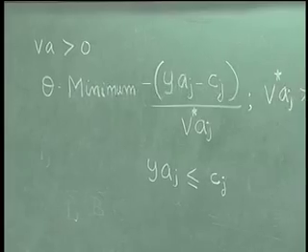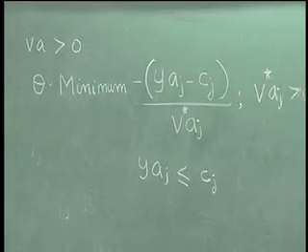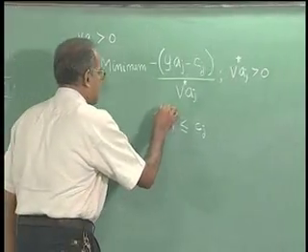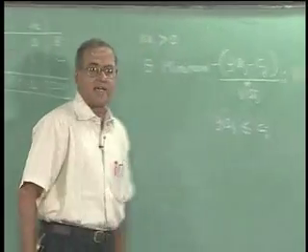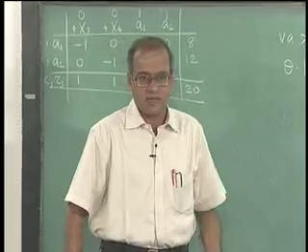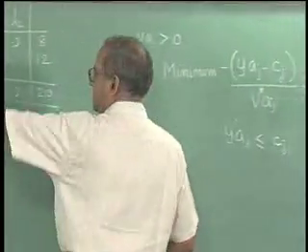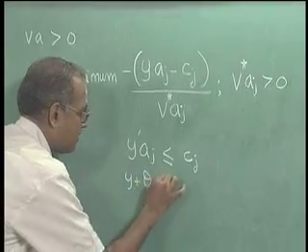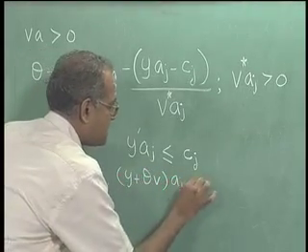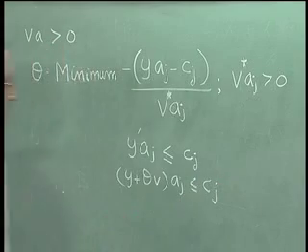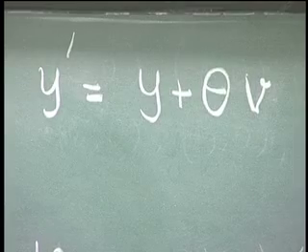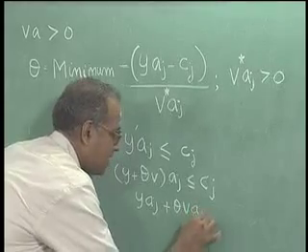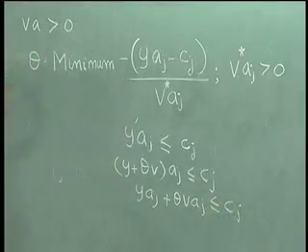Now, what we have written is we want y star is equal to y plus theta v. So, if there is a dual feasible solution y star or y dash, then y dash A_j should be less than or equal to c_j. Now, y dash is written as y plus theta v. So, y plus theta v into A_j is less than or equal to c_j. Now, yA_j plus theta vA_j is less than or equal to c_j.